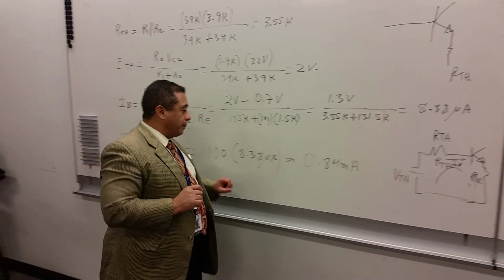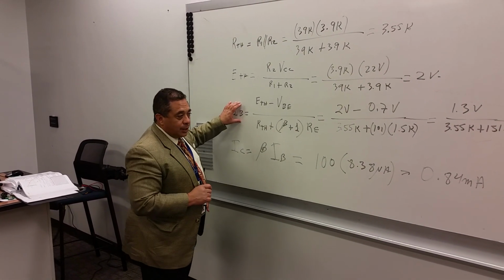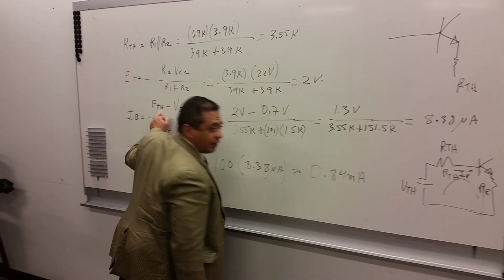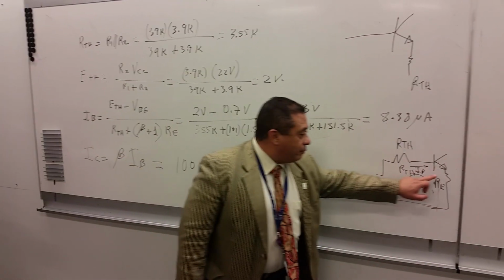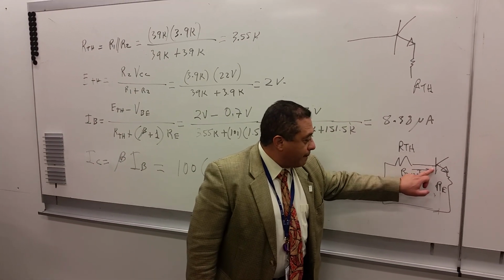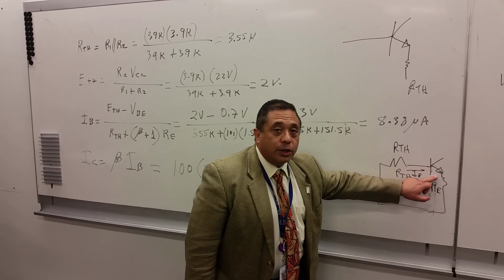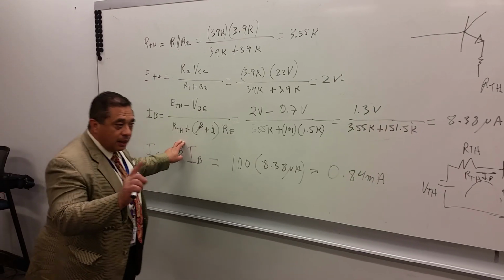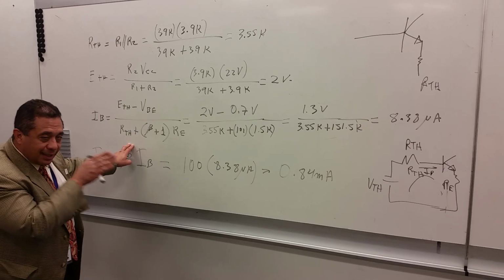Now, the current at the base is going to be the Thevenin voltage minus the 0.7 volts, which is the base-emitter forward-biased voltage of the transistor, divided by the total resistance. What is the total resistance in that circuit?